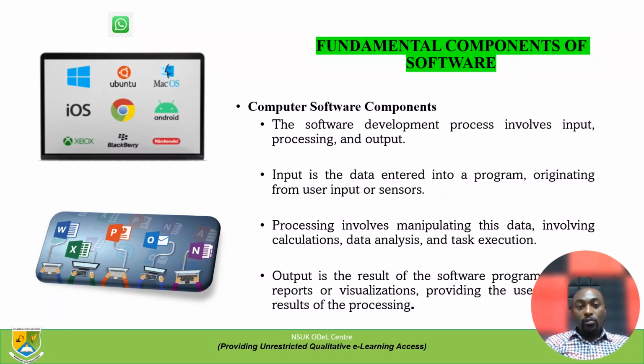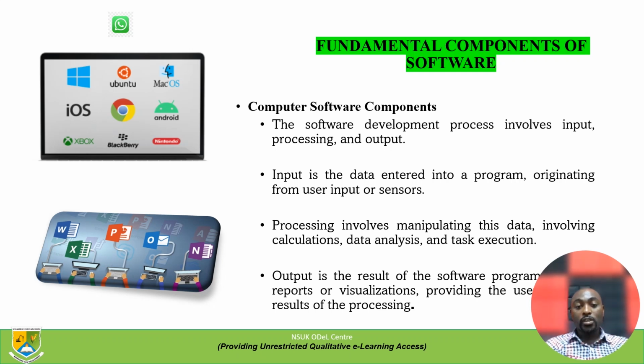Fundamental components of software. So computer software components can take in different forms. So the software development process involves input, processing, and then output. So in the input component, input is the data entered into a program, originating from user input or even from sensors.